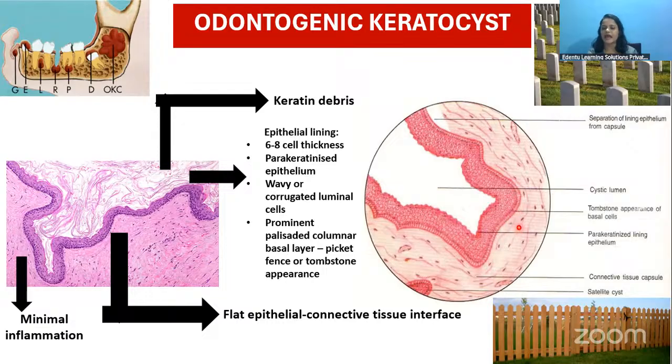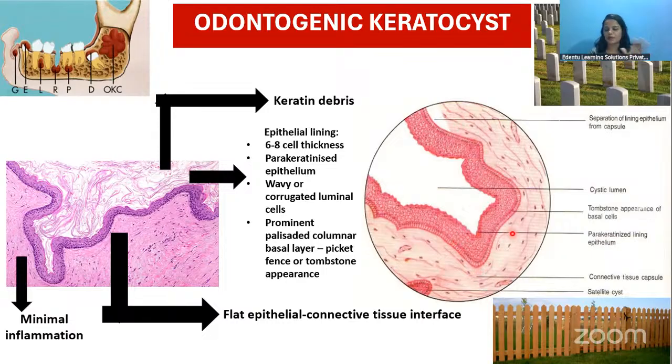They have very dark hyperchromatic nuclei, and this nucleus is present away from the basement membrane. These are the characteristic features of the basal cells of OKC.